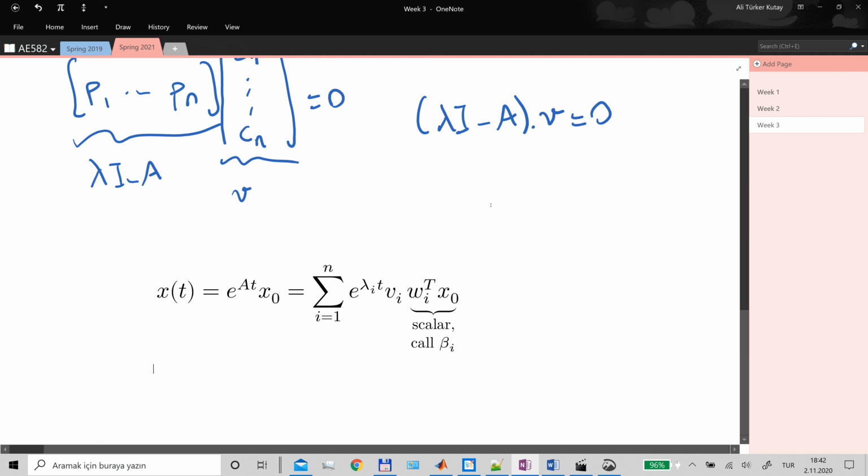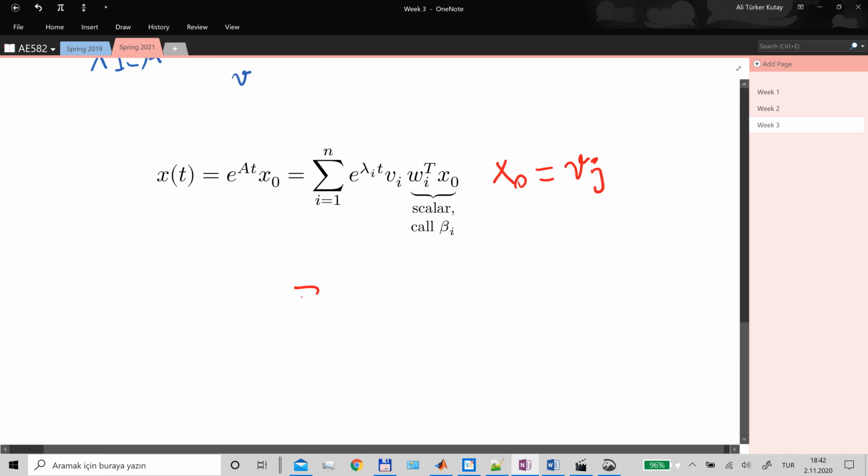Okay, so let's assume that you choose the initial condition to be an eigenvector. That means your summation will be the sum of tᵢ vᵢ wᵢ transpose times vⱼ.